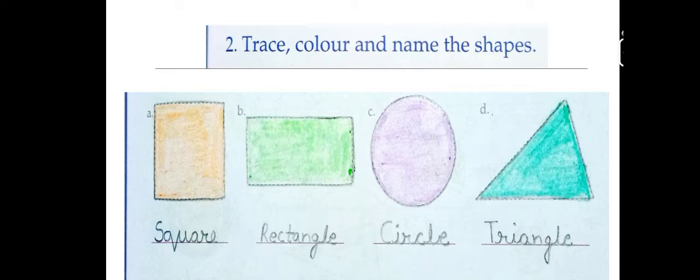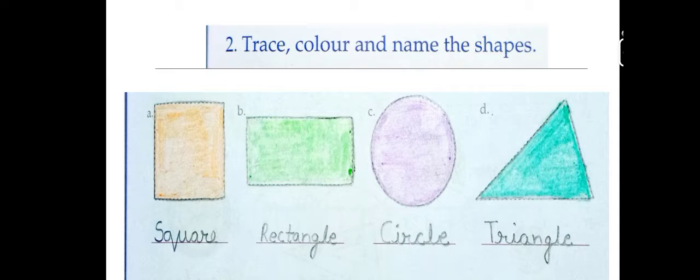Now number B. Number B is rectangle. RECTANGLE. First of all, we will complete this shape with the help of given dots.